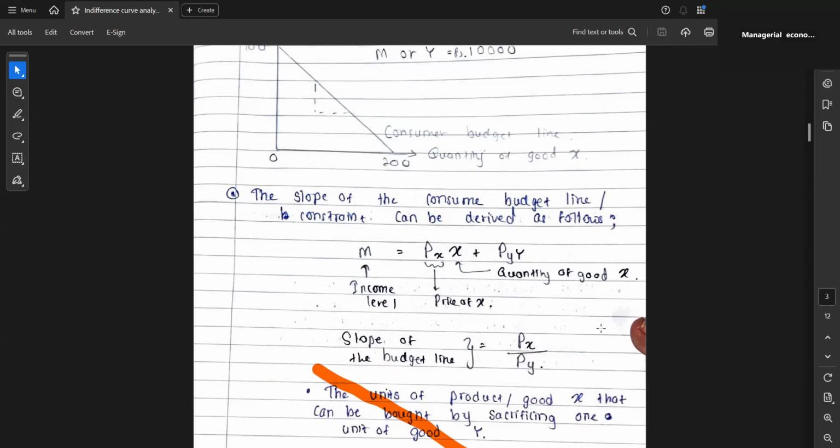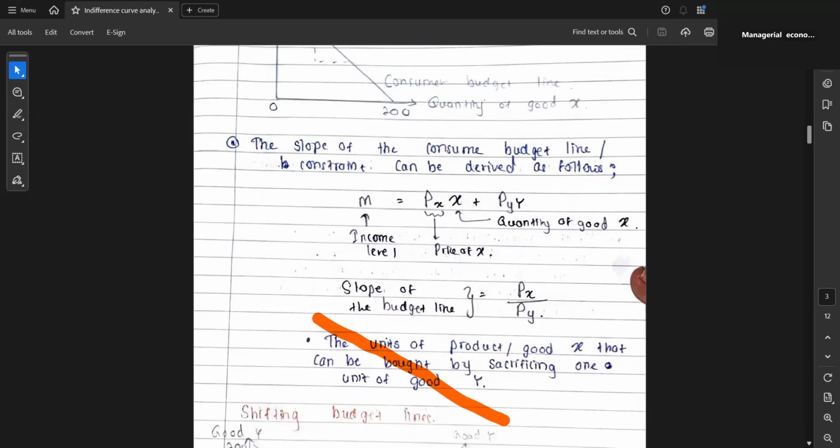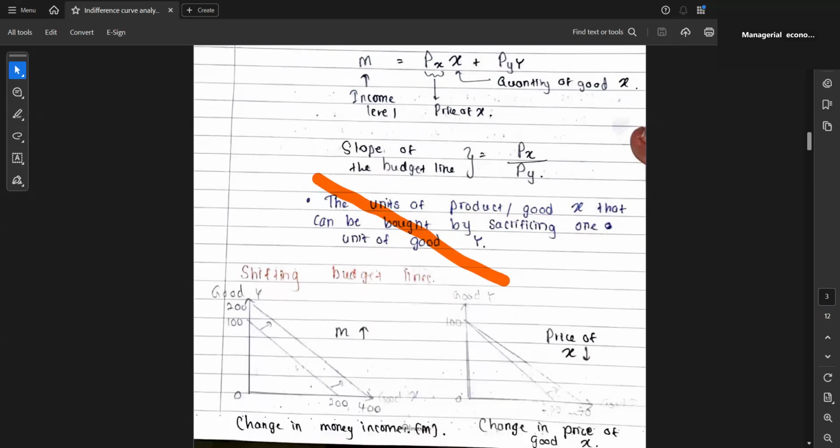In here, the price of good X is 50 and the price of good Y is 100. So the consumer would only have to sacrifice half, 0.5, in terms of portion of the price of good Y in order to consume a unit of good X.